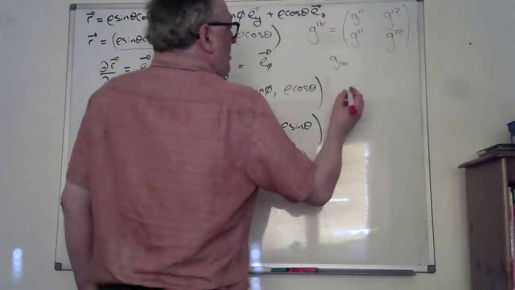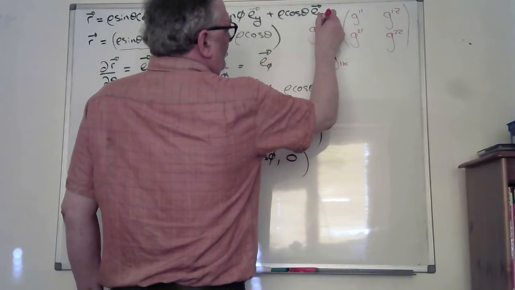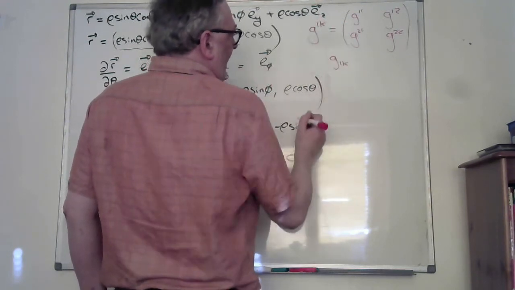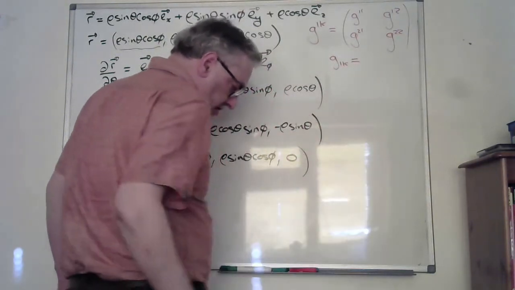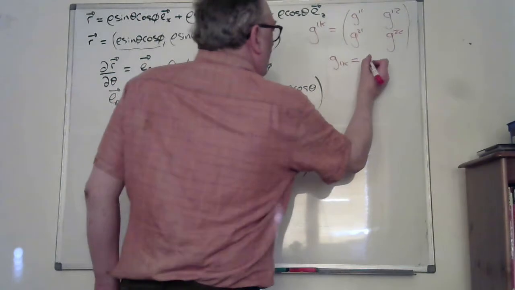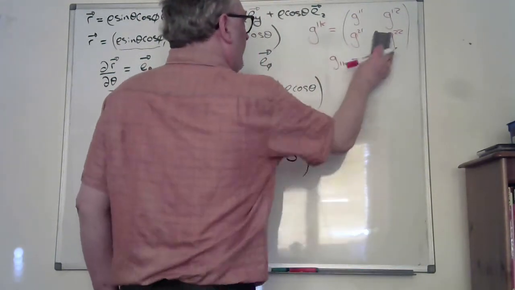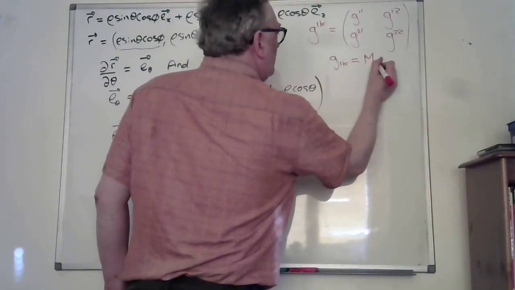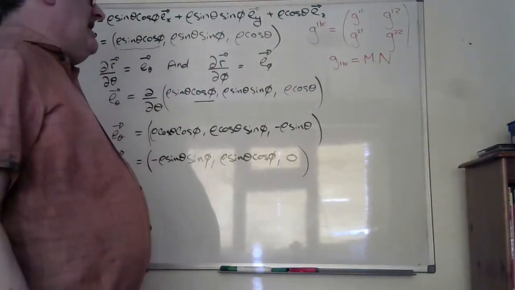Now, not only did I say this G superscript LK is the inverse of G sub LK, but G LK is equal to the dot product, which is equal to M multiplied by N.